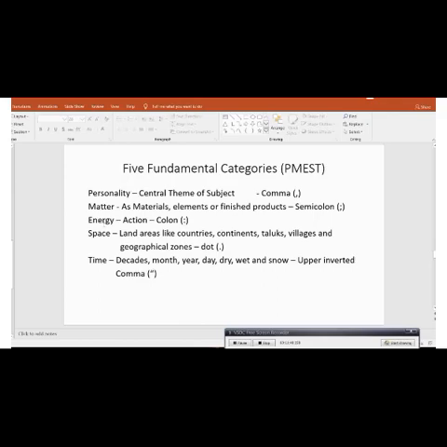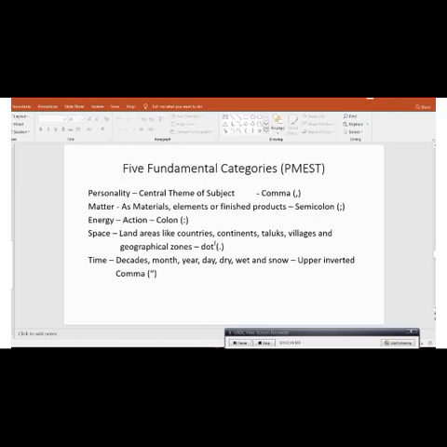What are the materials we use to do the work? For example, I am writing with the pen. Here writing is the energy facet, pen is the matter. That pen is the material used to write, or to jump, that is the matter facet.